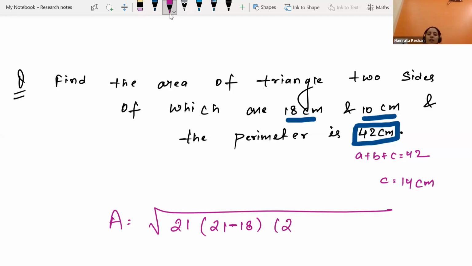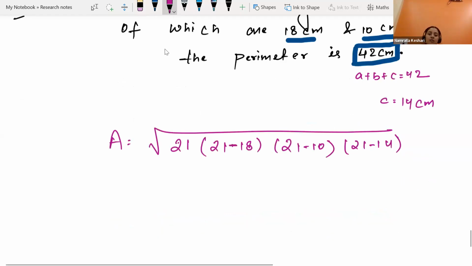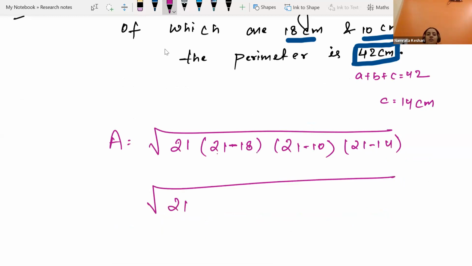So 21 minus 18, that is 3. 21 minus 10, that means 11. And 21 minus 14, that means 7.